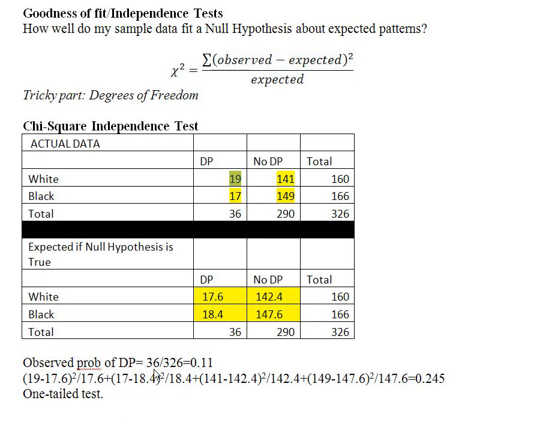So let's go look at our chi-squared table and see what a chi-squared critical would be. But before we can do that, you have to know how many degrees of freedom there are in this test.